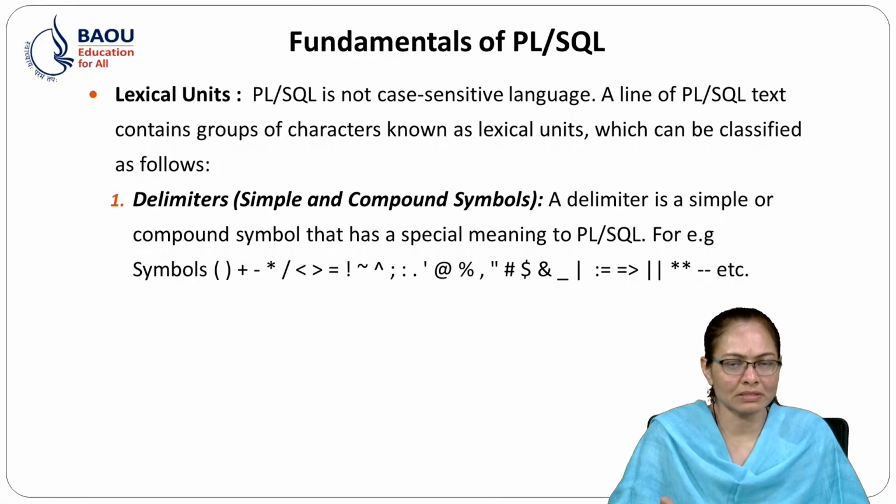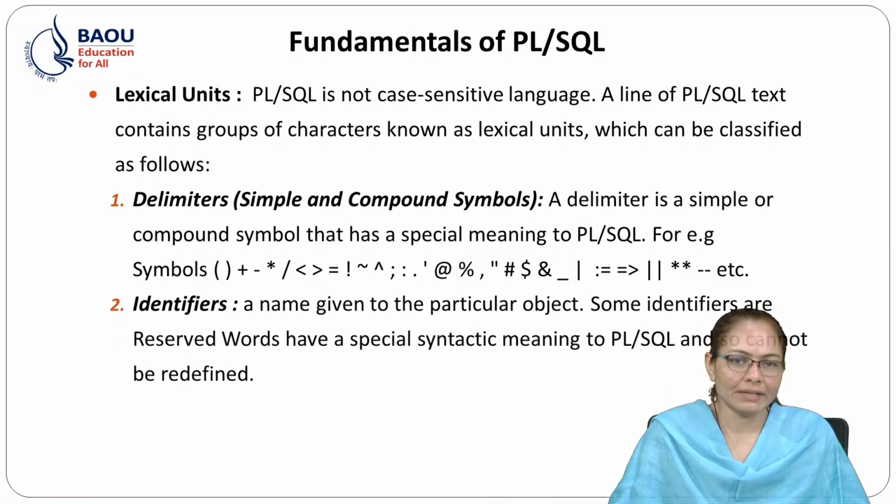For example, symbols like plus, minus, multiplication, division, less than, greater than, equal to, less than equal to, colon, comma, pipe, star, etc. All these symbols are called delimiters.